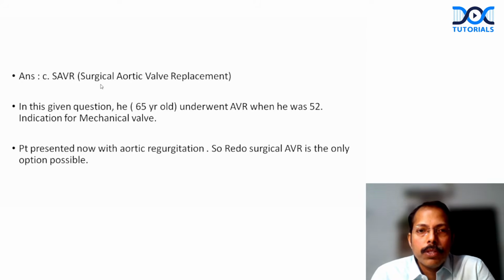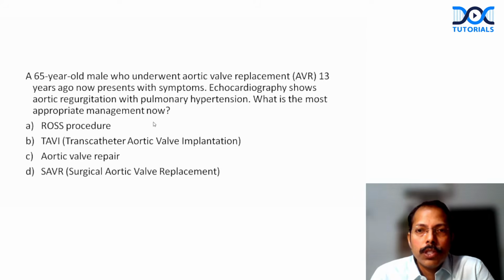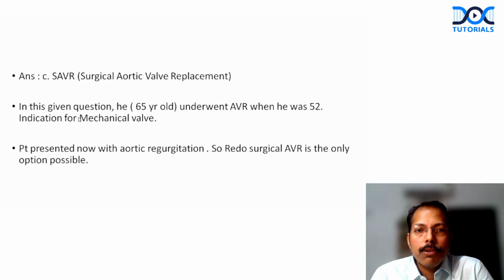Why? Because in this question, he was a 65-year-old, elderly, and underwent AVR when he was 52, right? 13 years back. So at the age of 52, definitely he could have gone for a mechanical valve. In the question, it is not given whether it was a bioprosthetic or a mechanical valve. So we can assume the patient could have gone for a mechanical valve replacement.